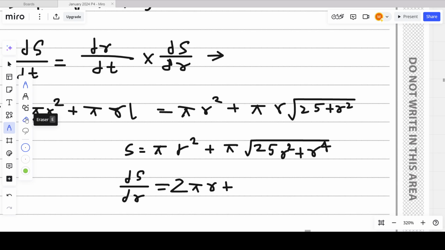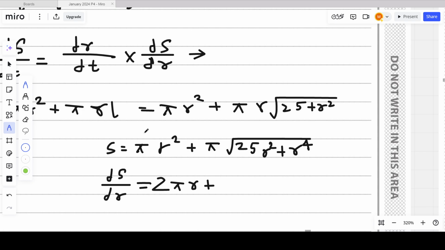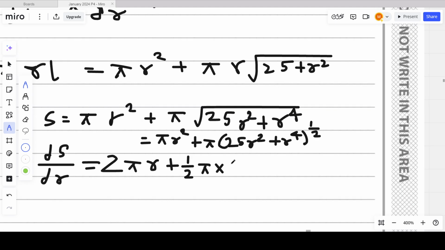We can write there pi r squared plus pi times 25 r squared plus r to the power 4, to the power whole half, right? Fine. Now just differentiate. Half of pi, the power will get multiplied with the coefficient, and then differentiate the part within the bracket.